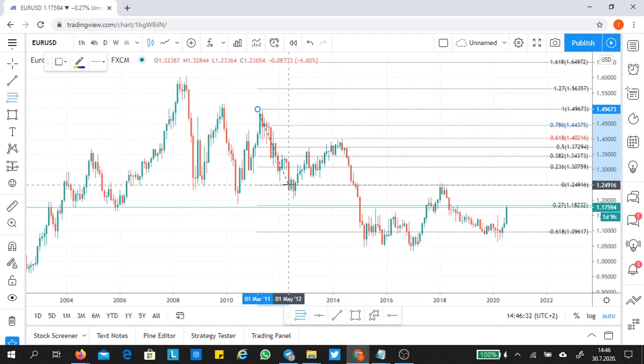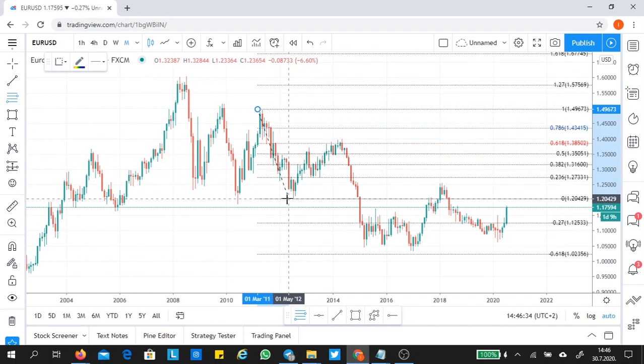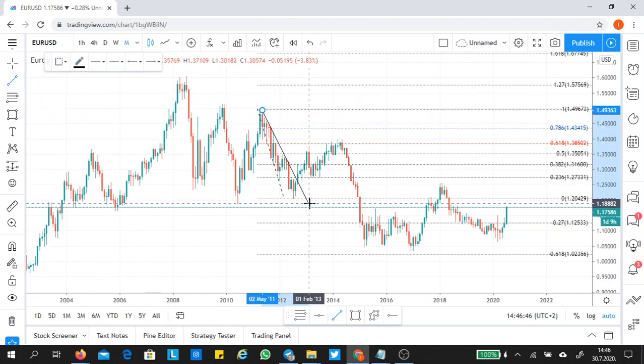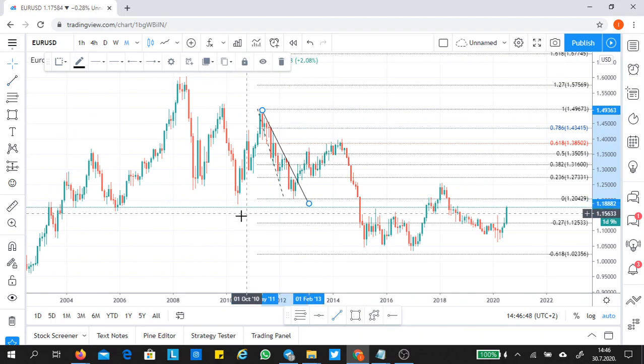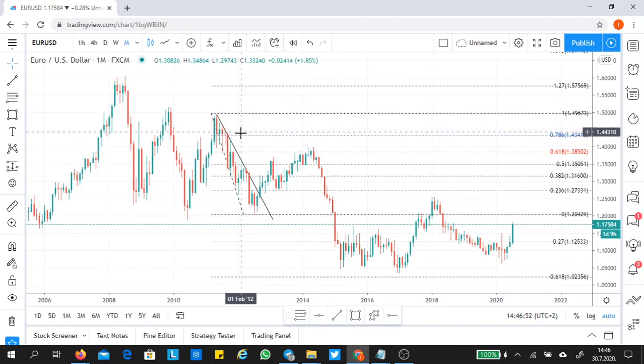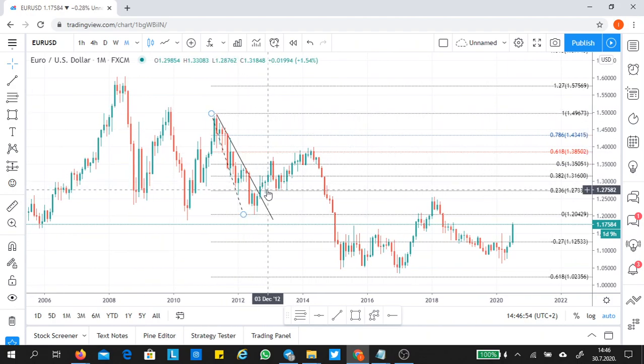What we can do next when we see a retracement coming is put the Fibonacci on the next leg, and see also here that the trend line of the short positioning is broken.